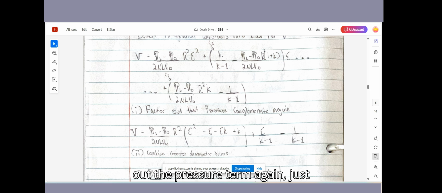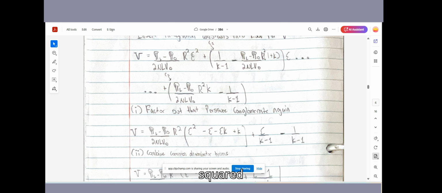I'm going to factor out the pressure term again, just this (PL minus P0) R squared over 2 viscosity L V0, and we have a 1, a K, or -1, K, and a +1. So it's going to be K epsilon, actually, just K epsilon. Oh, wait, no. I don't know. Just look at the equation.